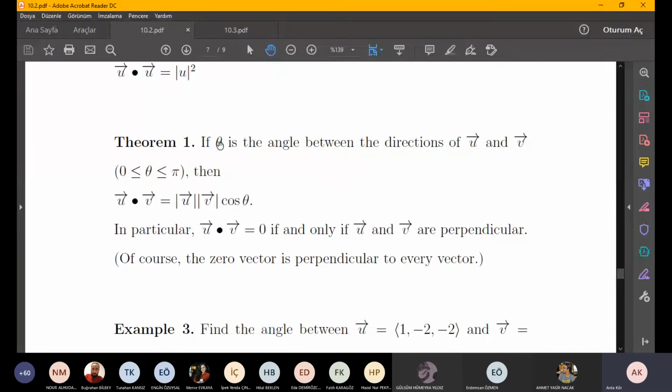So after that, we of course need to define the angle. What is the relation between the angle between two vectors and the dot product? If theta is the angle between the directions of u and v, and theta is between 0 and pi, then u dot product v is equal to the length of u times the length of v times cosine theta.